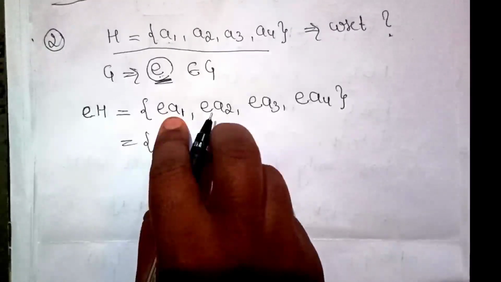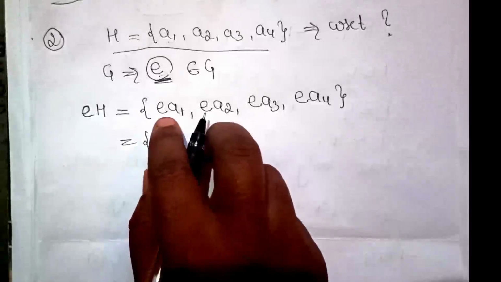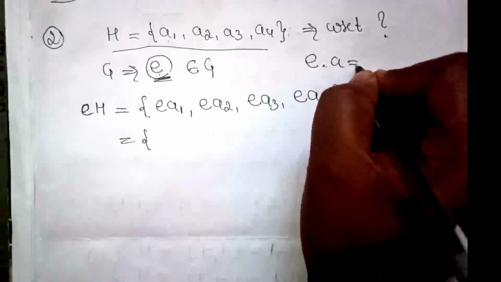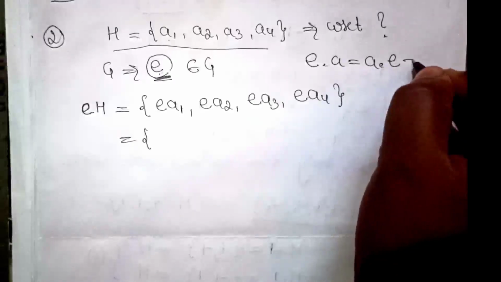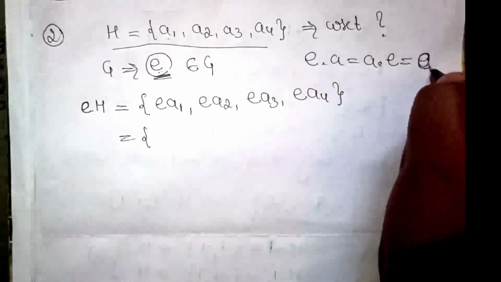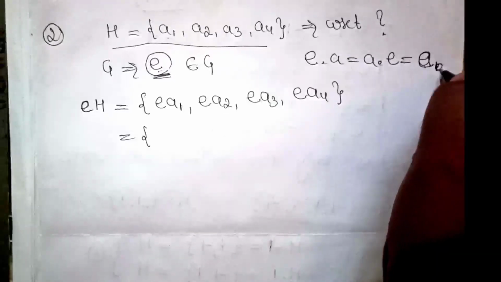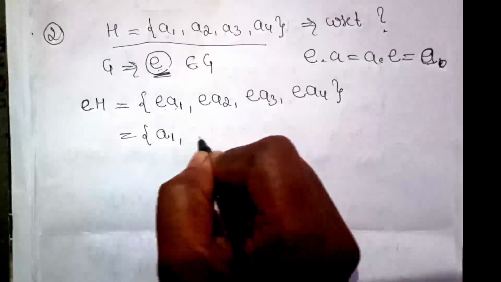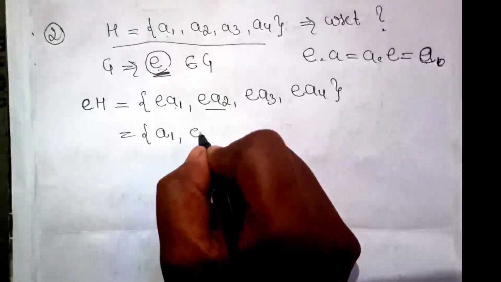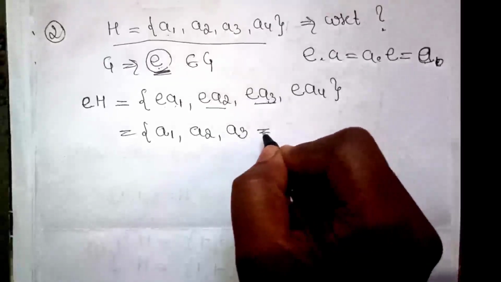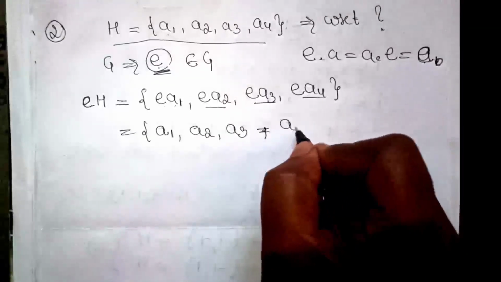We get the same element, because from the identity law it is clear that E dot A or A dot E gives that element only. Therefore E dot A1 equals A1, E dot A2 equals A2, E dot A3 equals A3, E dot A4 equals A4.